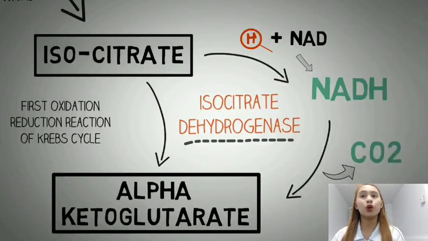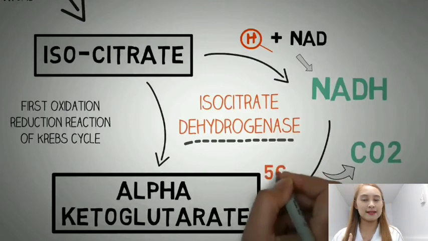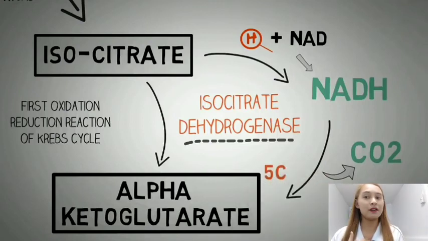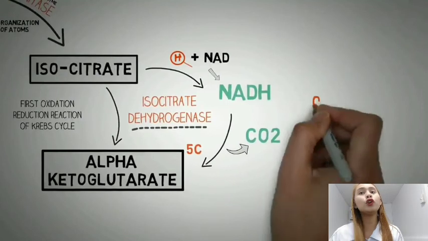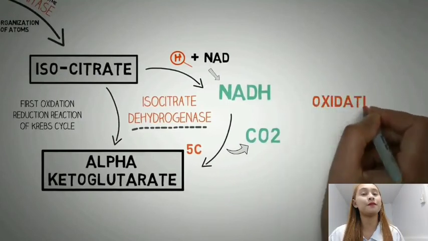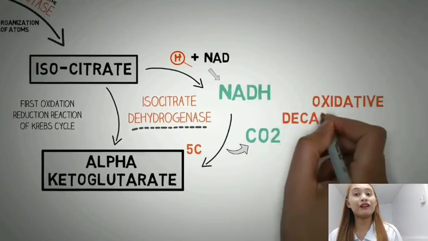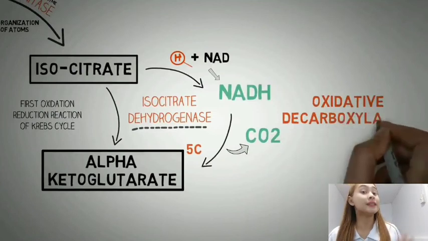So this alpha ketoglutarate is a 5-carbon compound. It's because the carbon came from the isocitrate. So if you look closely at the complete process of this step, oxidative decarboxylation takes place.